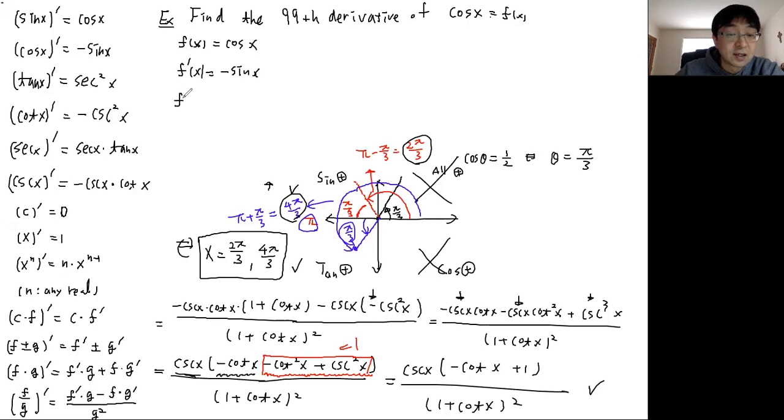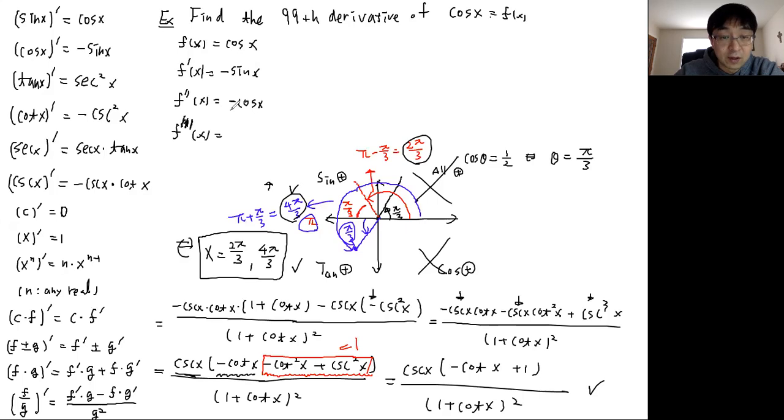The second derivative of f of x is the negative sine prime. You keep the negative. The sine prime is cosine. We have negative cosine of x. What is the third derivative? The 1, 2, the 3. The third derivative is the negative cosine prime.